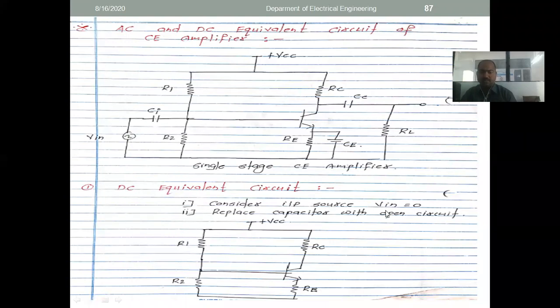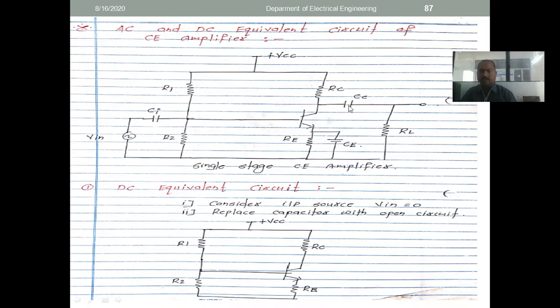Now the other thing: replace the capacitor with an open circuit, so the capacitor should be removed, right? So these two things are removed, so that's why this is going out of the circuit. Only R1 and R2 are remaining. After all that, plus VCC is also remaining because it is a DC. So after all that, RC is coming, right? See, this RC is coming. After all that, this part is going out of circuit, right?